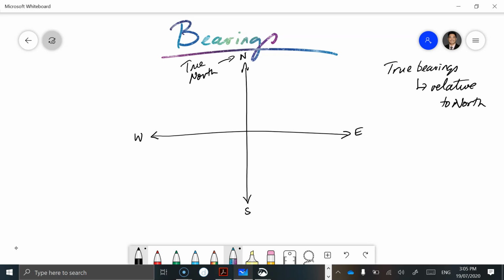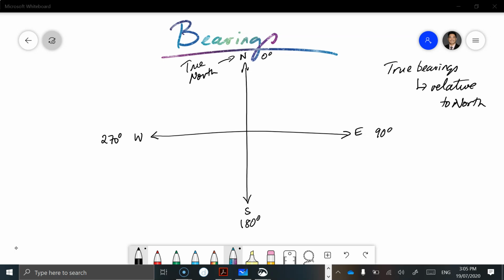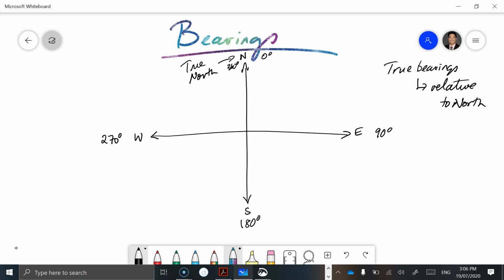When we're at north, we're looking at 0 degrees. East is at 90 degrees, south is at 180 degrees, we have 270 degrees, and the revolution goes back to 360.